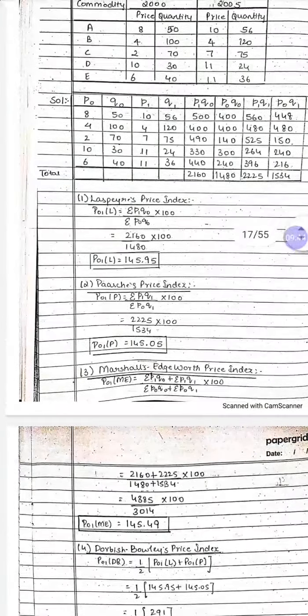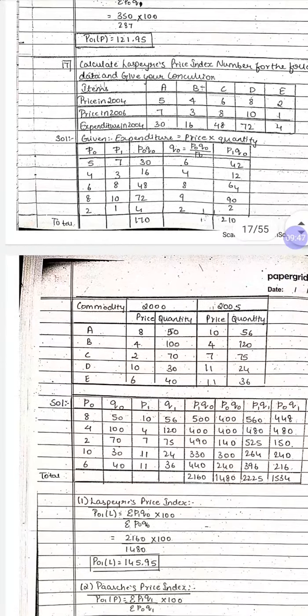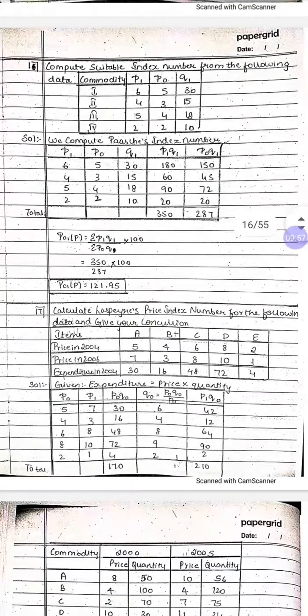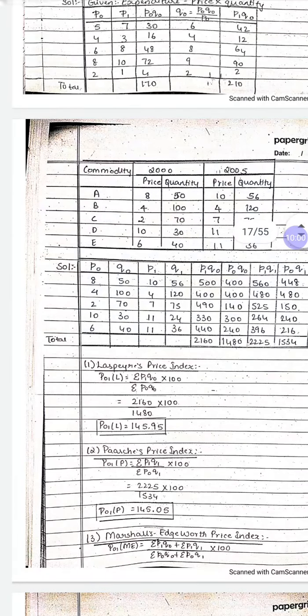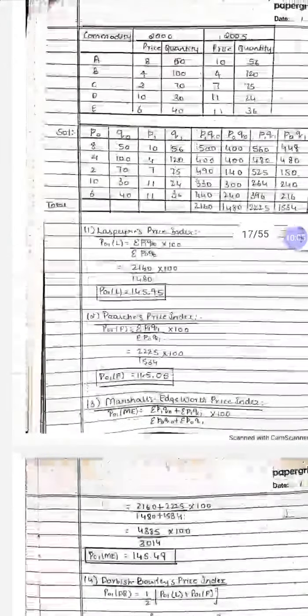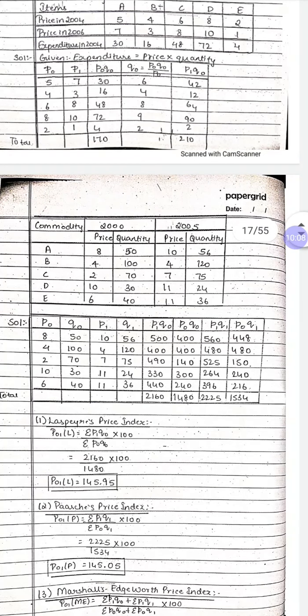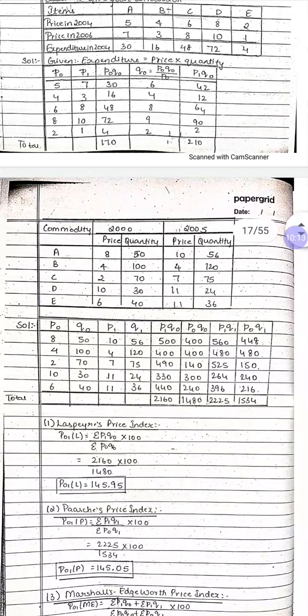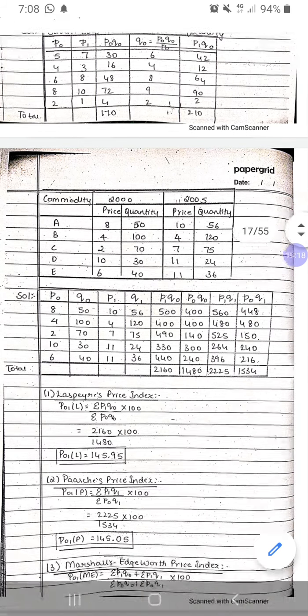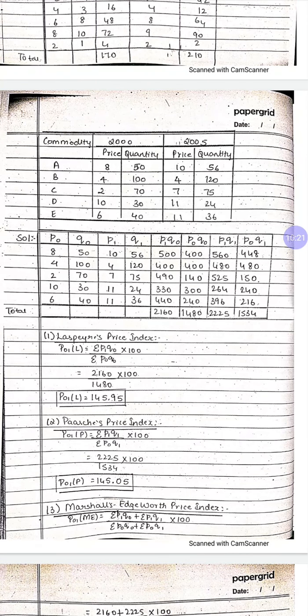I will explain you this problem 21, where all is given, okay. All the data are given for us. Sorry, this problem I'll explain you. See, a commodity is given for 2000 and 2005, and price and quantity are given, that is P0, Q0, P1, Q1.